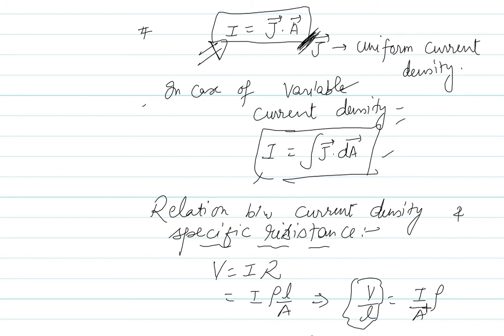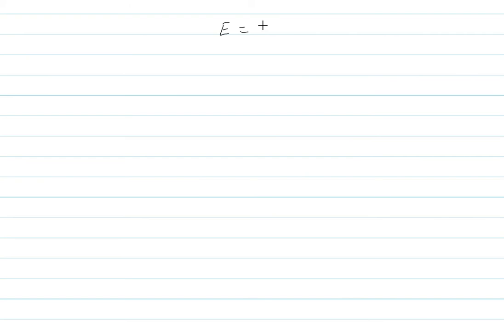So V by L is electric field, and this equals I by A into rho. Sorry, I by A means J. So E equals J into rho. So this is the expression for relation between electric field and current density with specific resistance.